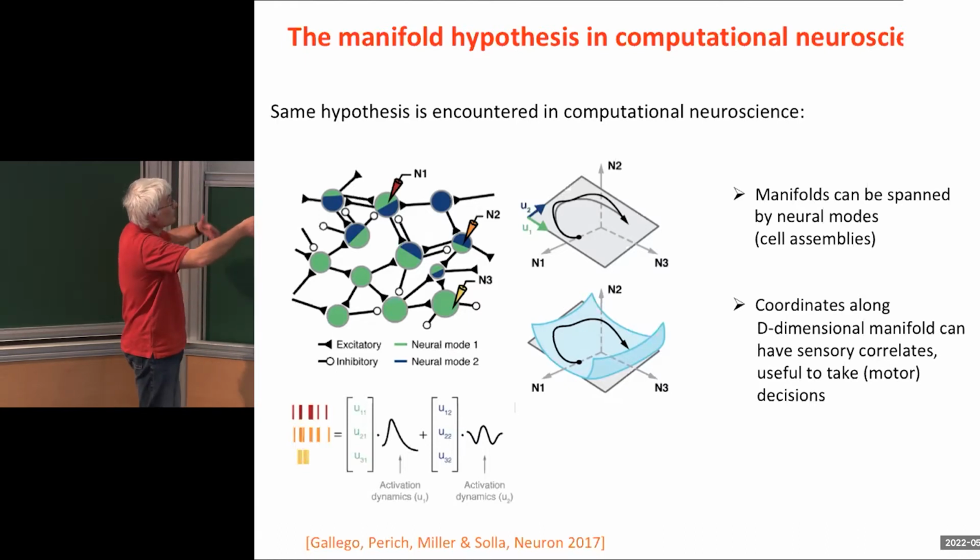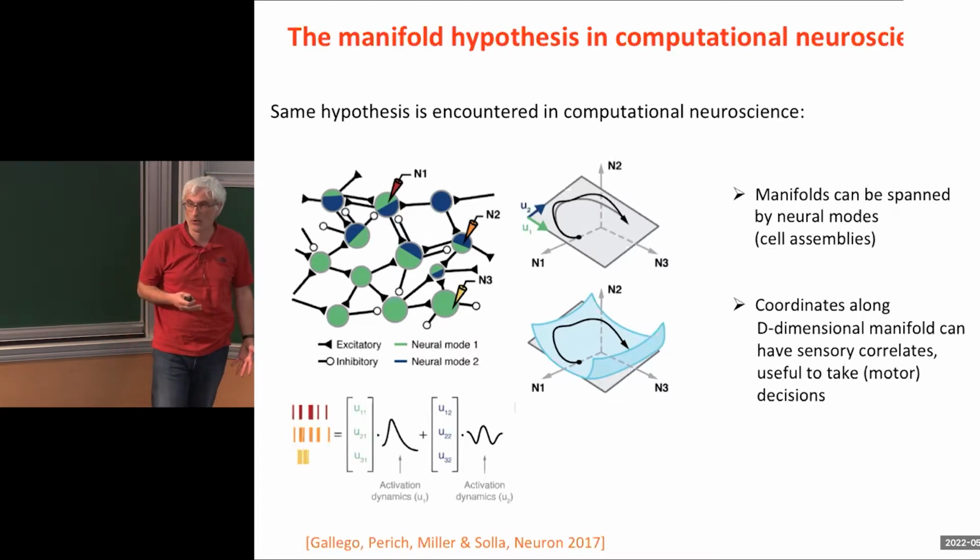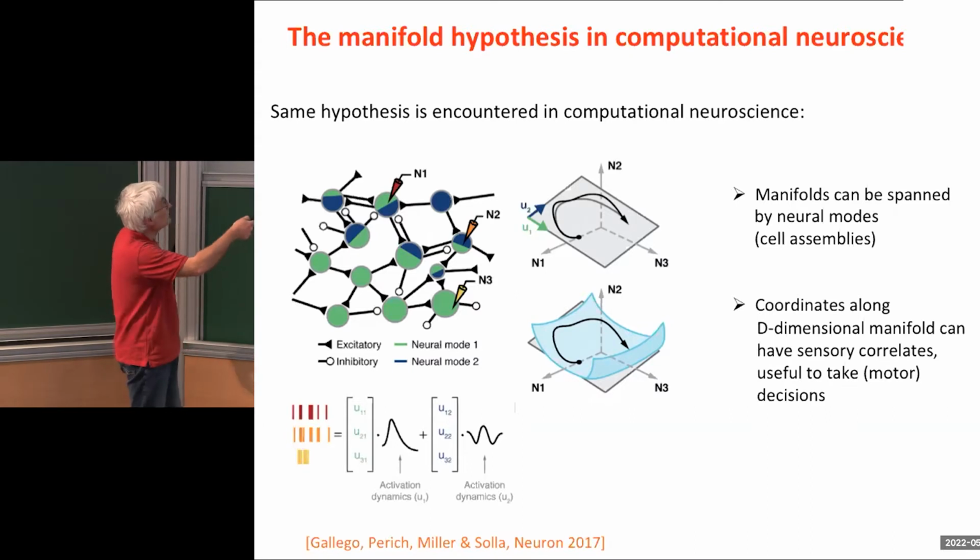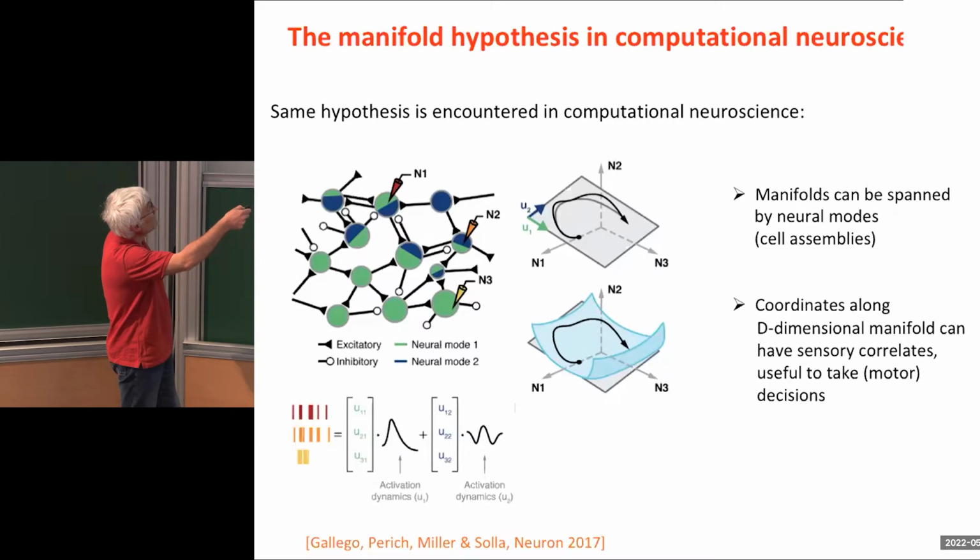And there might be other collective coordinates embedded in this network, which correspond to different cell assemblies. So in this setting where the activity can be decomposed in a linear way, you could imagine that in the n-dimensional space of the activity of the neurons, you would have, for instance, a two-dimensional plane, and the coordinates on this plane would correspond to these two functions, which are just spanned parametrically.